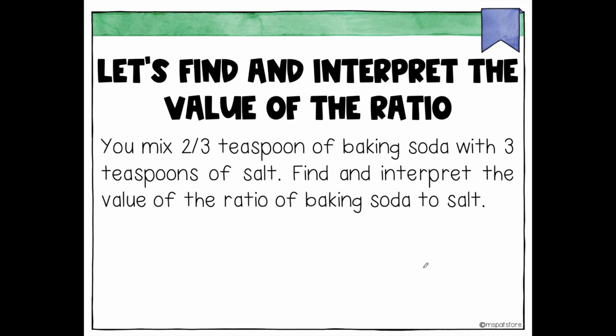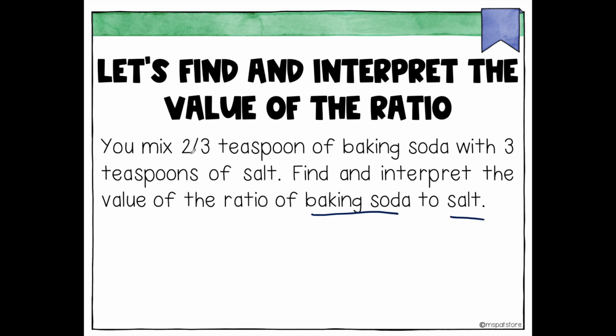How about this? It says you mix 2/3 teaspoons of baking soda with 3 teaspoons of salt. Find and interpret the value of the ratio of baking soda to salt. Please pause the video and try to do it by yourself. All right, so basically they want me to find the ratio baking soda to salt.